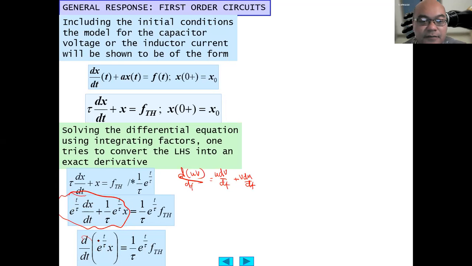If we differentiate this one, this will be e exponent t over tau dx/dt plus x times the differential of this one, which is 1 over tau exponent t over tau. The differential of an exponent function is also an exponent. Remember this from calculus, the differential of a transcendental function.